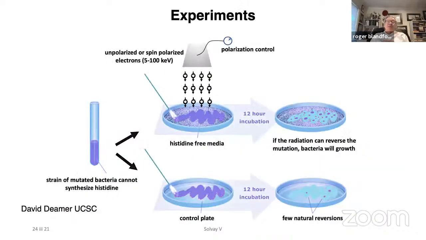Another approach to this, which David Deamer and others have been very helpful to us with, and there are many approaches that we're thinking about, are relatively quick and inexpensive new experiments that can be performed, where one can look at spin polarized electrons, for example.